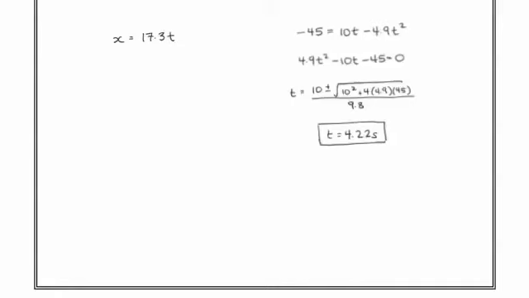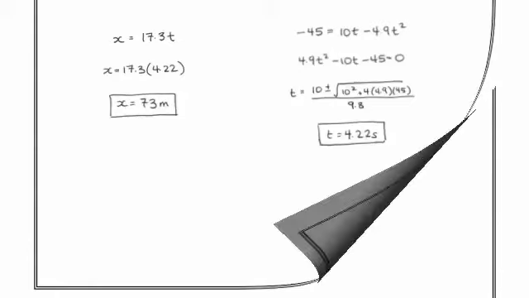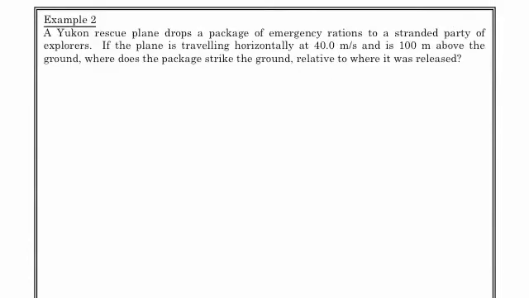So that's how long the projectile is in the air. We can now use this result in our equation up top. We can say, okay, 17.3 times 4.22, and we get 73 meters. So that's a very, very simple, straightforward first example.